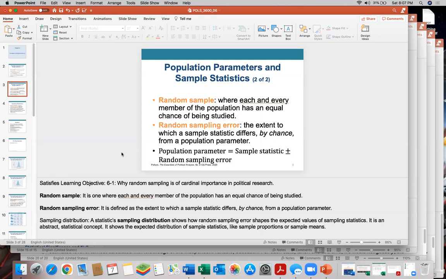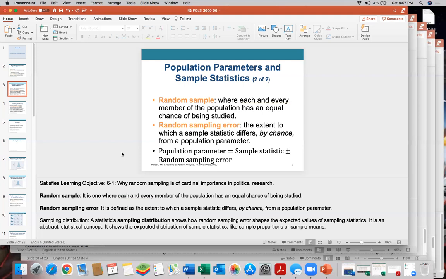familiarize yourself with these. Population is the universe of cases. Population parameter is a summary of the statistics. A census is a complete set of cases. A sample is just a select group of the cases. Sample statistic is the estimate of the population parameter.